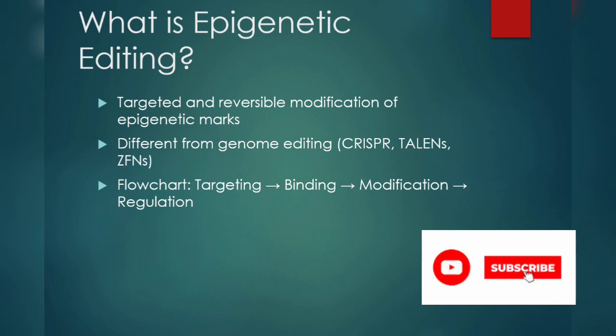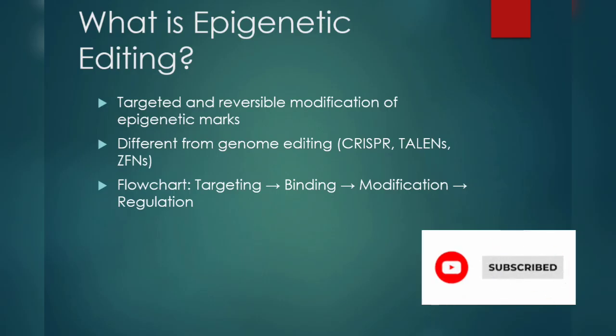modifications to the epigenome. Unlike genome editing, which changes the DNA sequence permanently, epigenetic editing only alters the chemical marks on DNA or histones. genome editing में क्या होता है, DNA sequence alter हो जाता है. epigenetic editing में वैसा नहीं होता. chemical marks सिर्फ alter होते हैं.